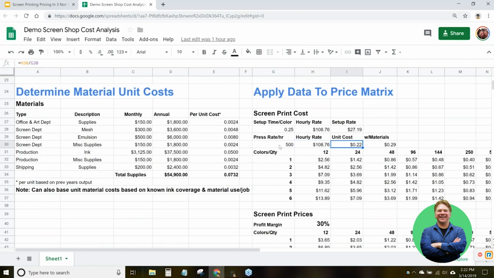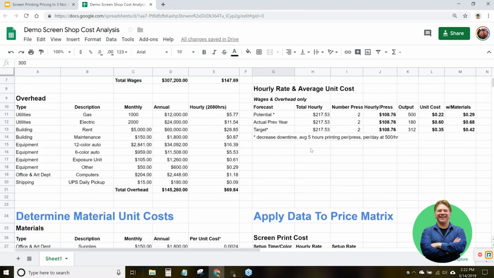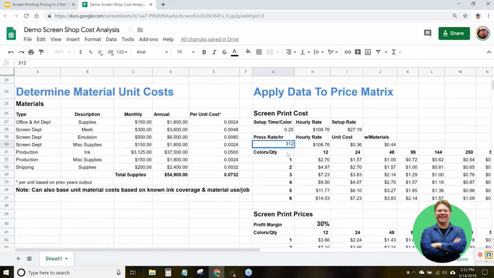Now, in my spreadsheet here, I can change this. So if I'm going to say, hey, it's going to be 300, okay, or if I want to use that value I had, my goal of 312, plug in 312, and that's going to adjust. There's that 35 cents with the 40 cents of materials that I got to cover.